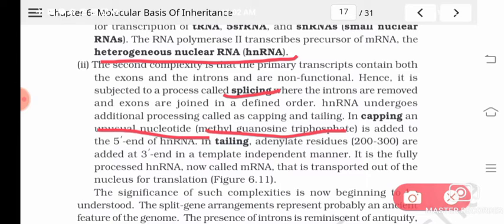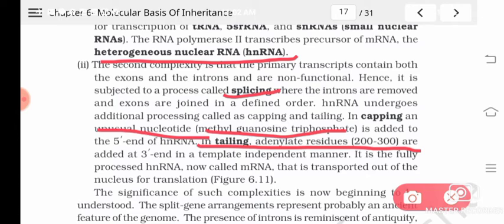Methyl guanosine triphosphate is an unusual nucleotide, and that will be added to the 5' end. In tailing, what happens? Polyadenylate residues will be added. In which end? In the 3' end. A number of adenylate residues will be added. So these processes are known as capping and tailing.